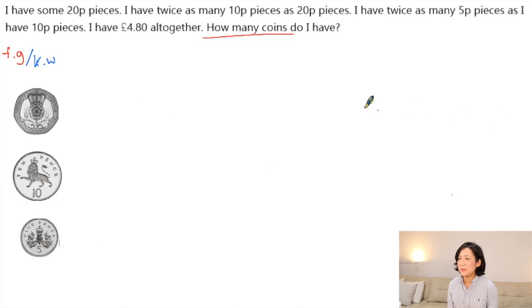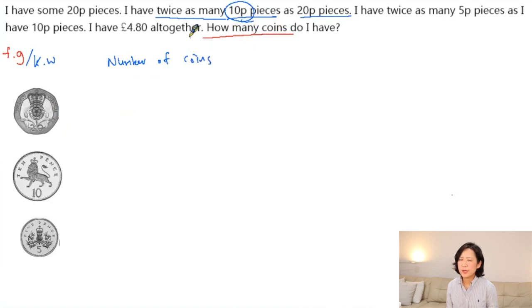Twice as many 10p coins as 20p coins. That means the number of 10p coins is twice as many as 20p. So we need to find the number of coins, right? Let's write down number of coins.